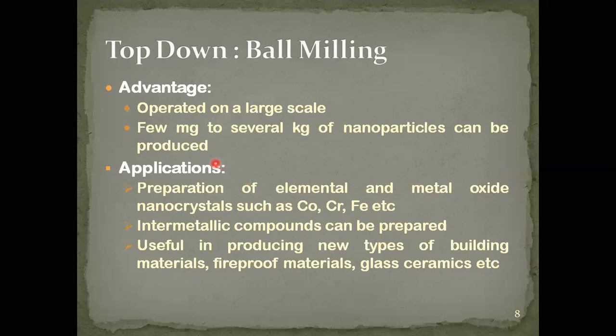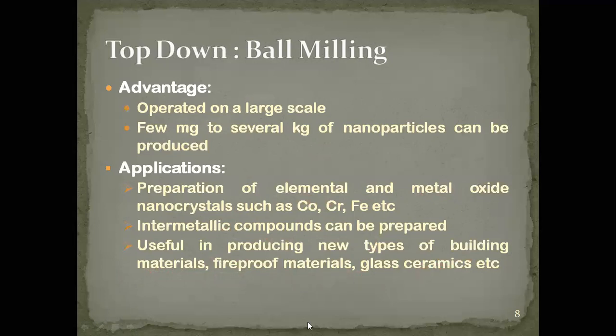So where is this ball milling technique used? It is used for preparing elemental and metal oxide nanocrystals, intermetallic compounds, and new types of building materials. In building, they are using nanomaterials. Also fireproof materials and glass ceramics.